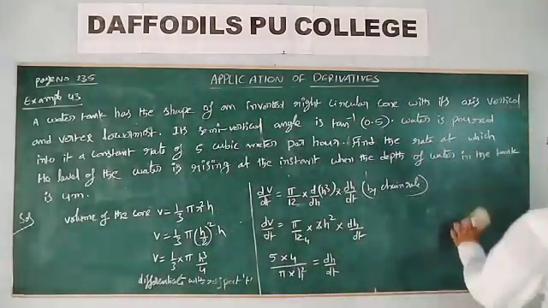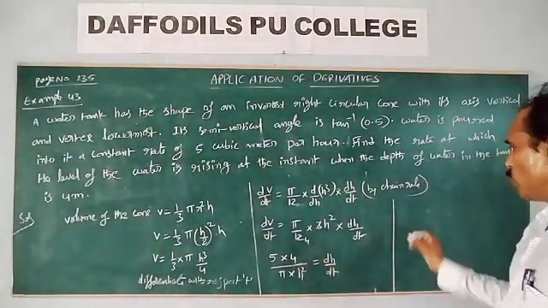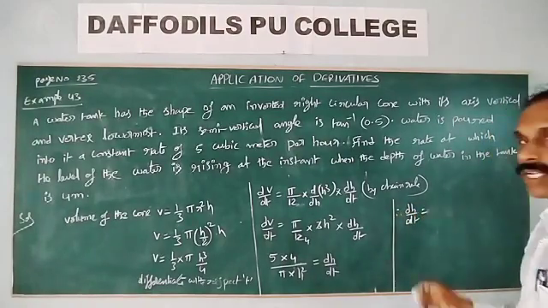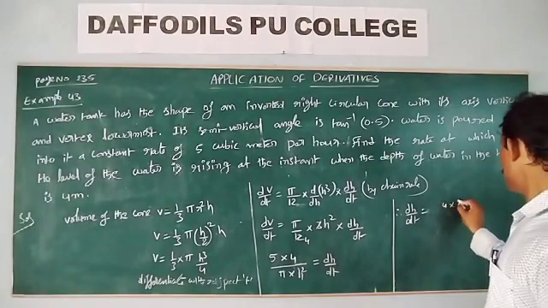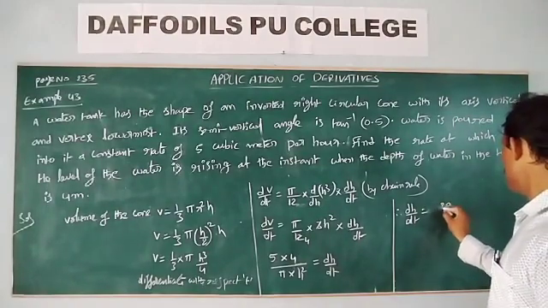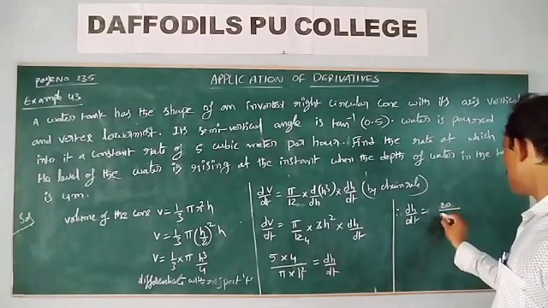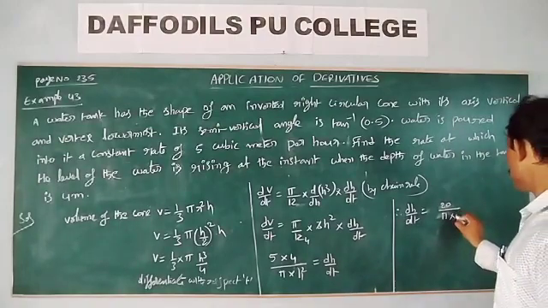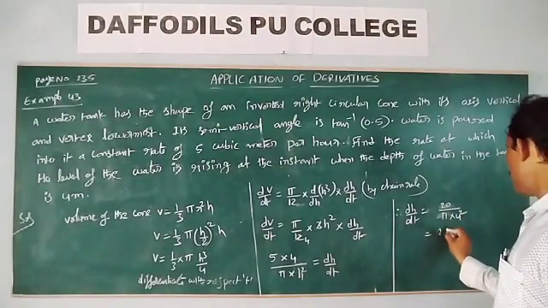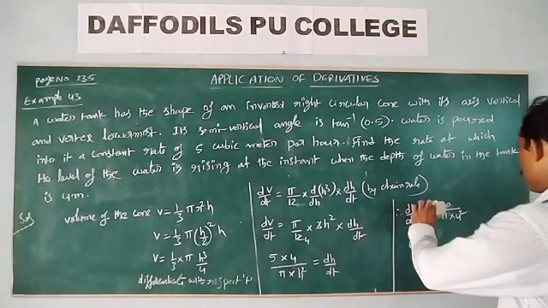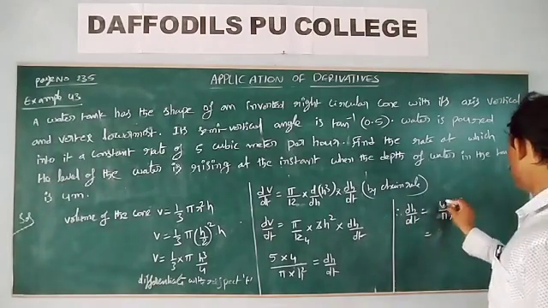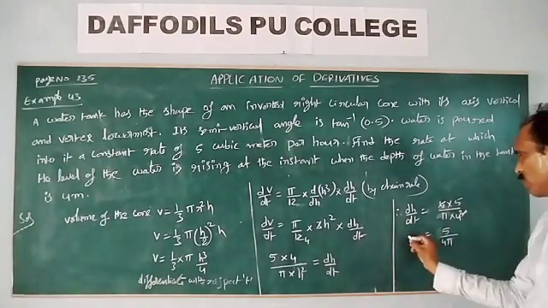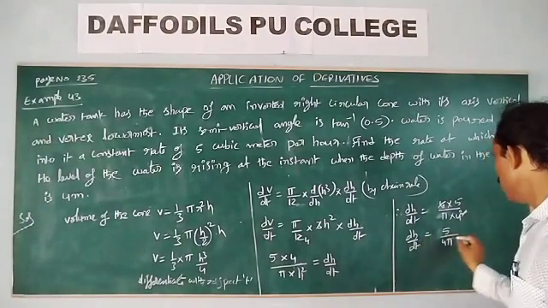Therefore dh by dt is equal to 4 into 5, 20, divided by pi into h square, with h equal to 4. 20 can be written as 4 into 5, 4 cancels one time, and 5 by 4 pi is the answer.